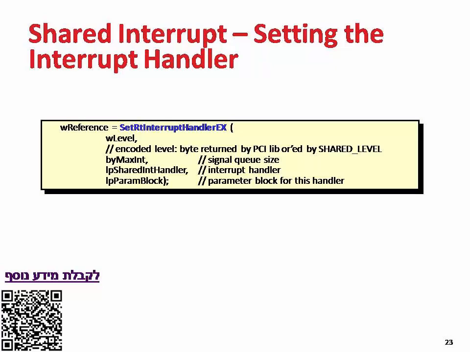For shared PCI interrupts, the parameter W level is generated by respective calls to the PCI library, see slide PCI interrupts, and ORed with shared_level. There is one additional parameter that varies for shared versus MSI interrupts. For shared interrupts, LP_param block is a pointer to a user-defined parameter block for this handler. setRTInterruptHandlerEX returns a 16 bit reference identifying this particular handler. The reference actually is a modified interrupt level that identifies the specific handler to EENTime.